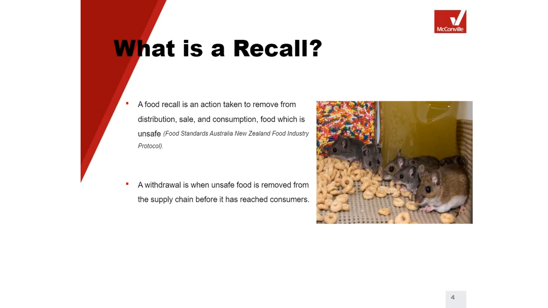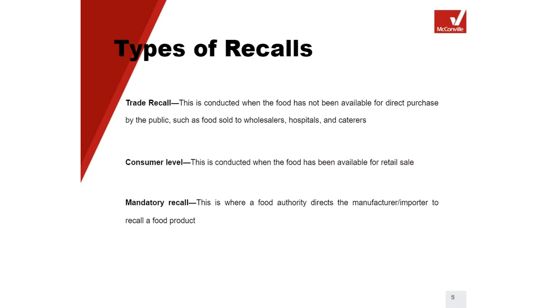So that's where you might have included peanuts, eggs, gluten, milk, or soy in the product, and you actually haven't put that information on the label. And it's interesting to note that of the 8 recalls that we've had so far in the month of February here in Australia, 6 of those have been allergen related.